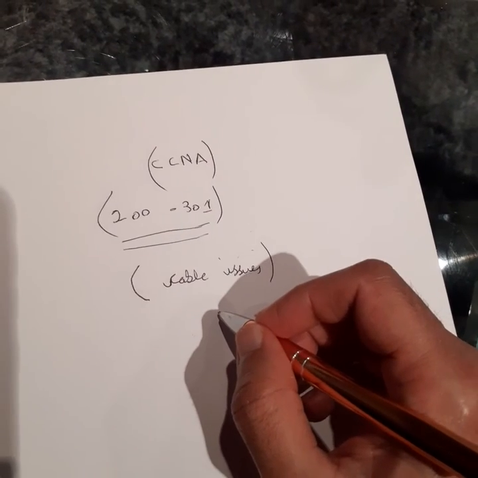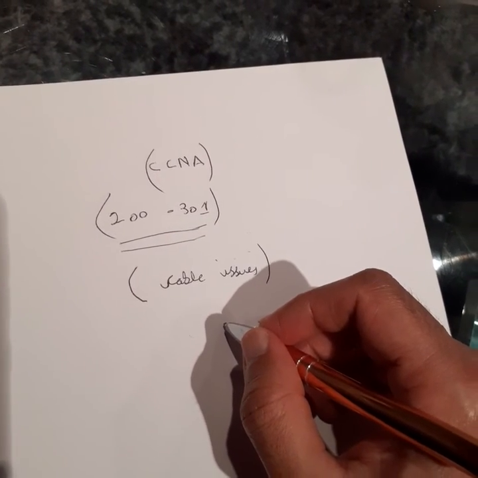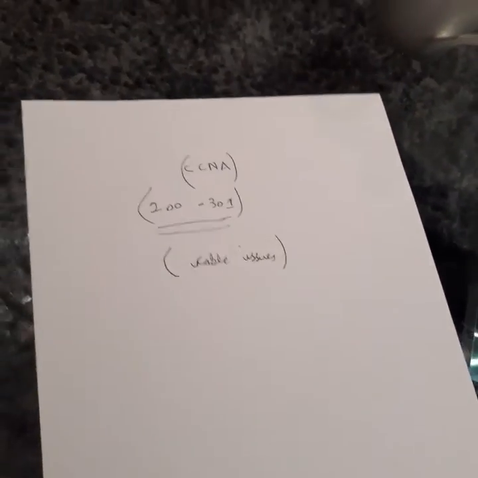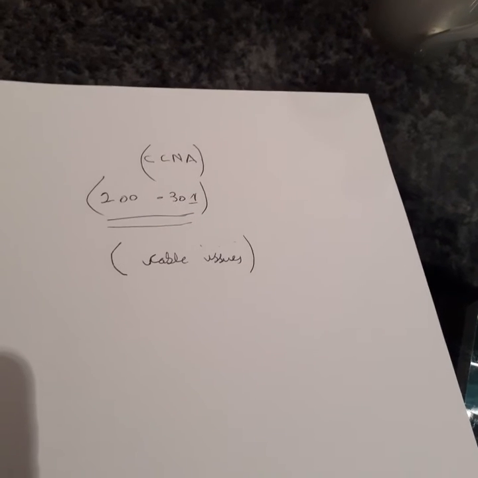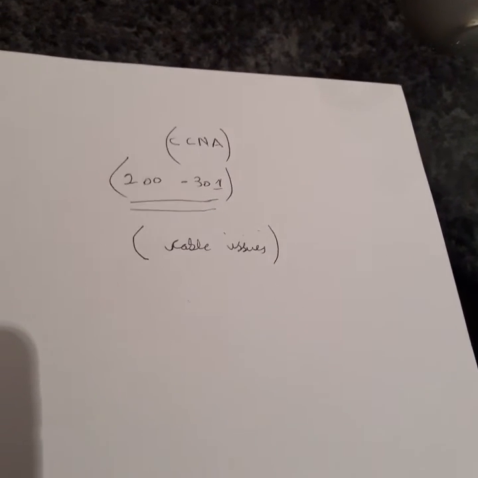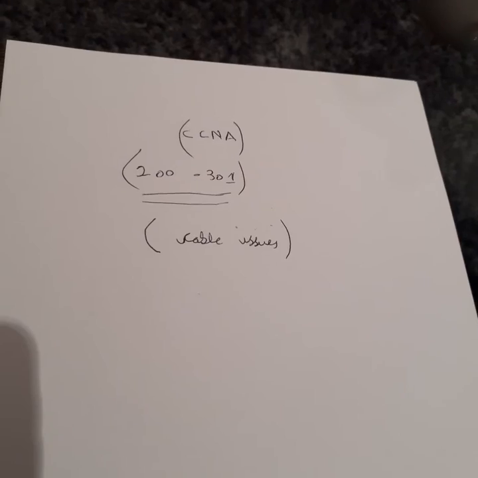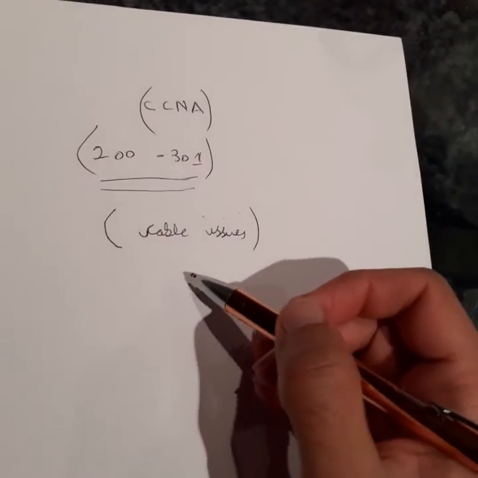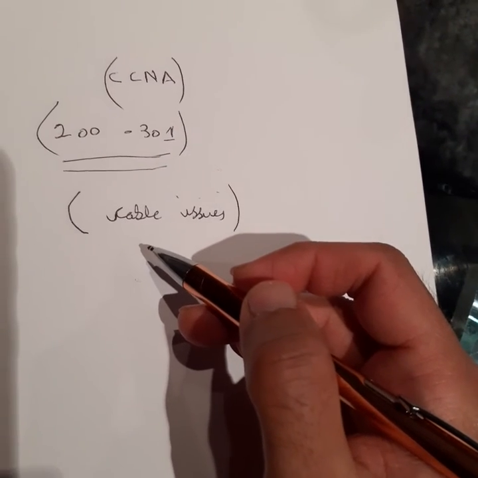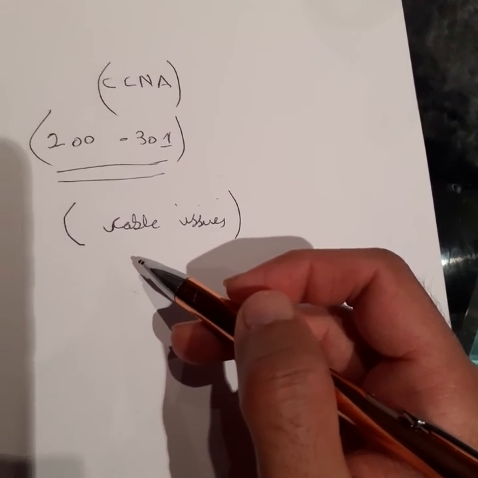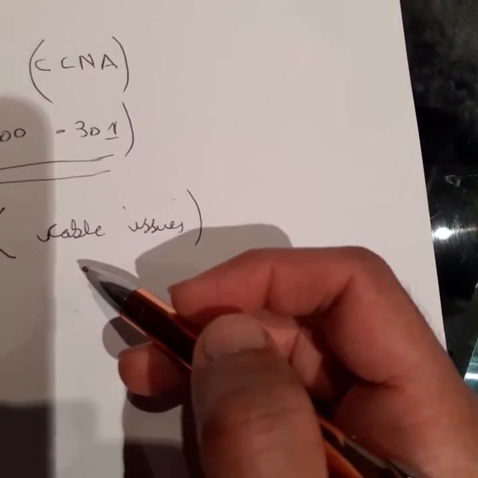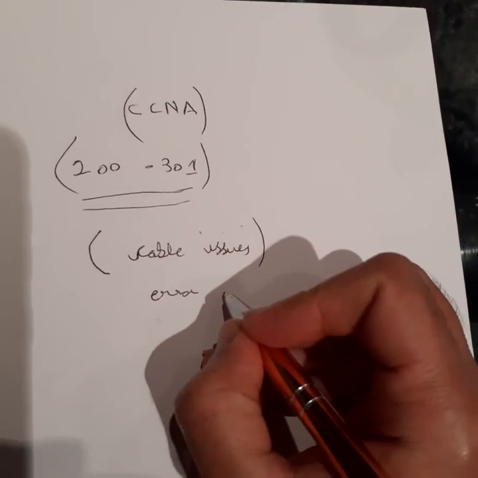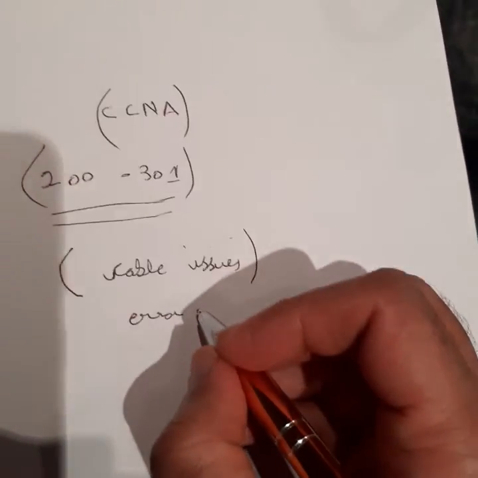Crossover cable, rollover cable, and any sort of cable that we are going to use, Cat5, Cat5e, Cat6, Cat7, etc., regarding them. So we should have a brief knowledge regarding them and what issues can arise if you put the wrong cables. So there will be a lot of issues, and then the errors are discussed, cabling errors and issues relating to that.